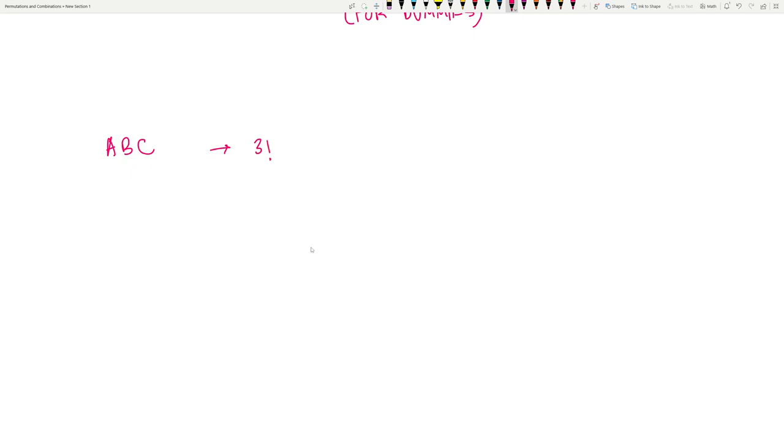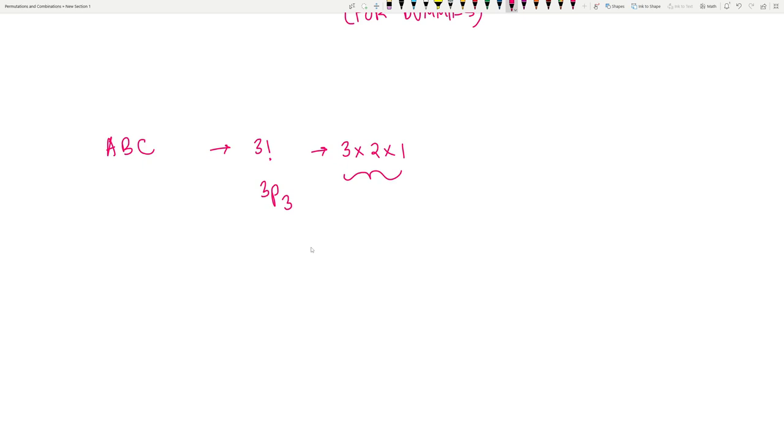So what does factorial mean? 3 factorial is essentially 3 times 2 times 1. So how did we actually get this? Or if you have your calculator, what does this mean? It's 3P3. The P stands for permutation and the C stands for combination.